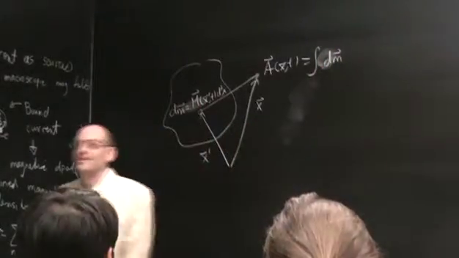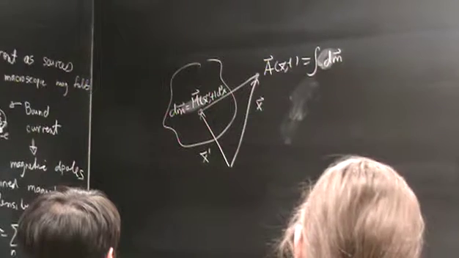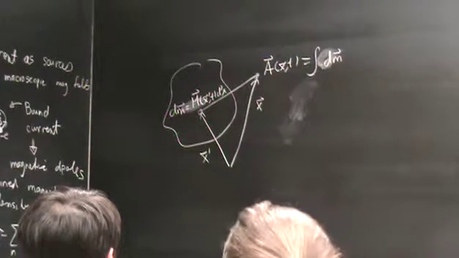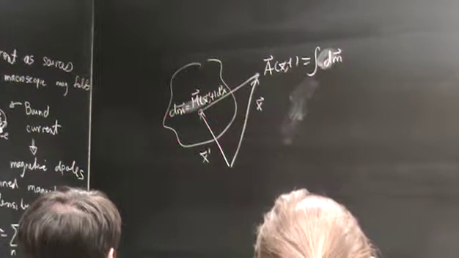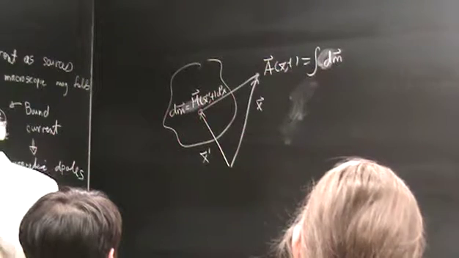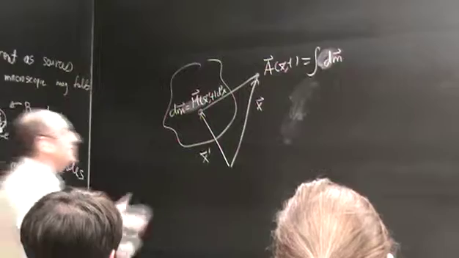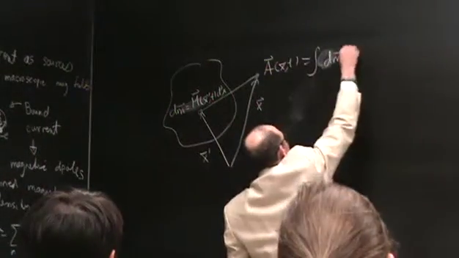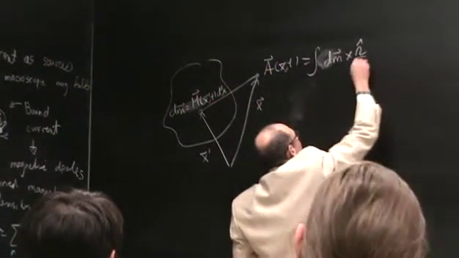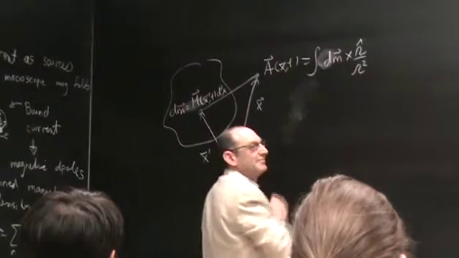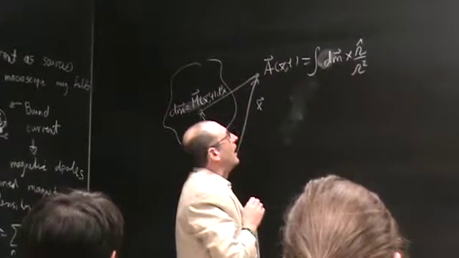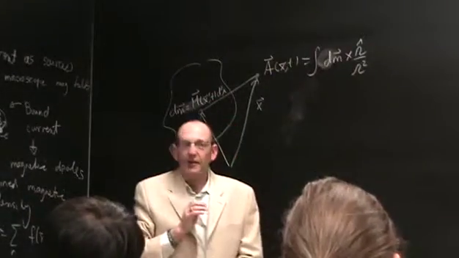And what's the vector potential of a magnetic dipole? Well, your first guess is it looks just like the electric, because the electric and magnetic look kind of the same, but where there was a dot product, there's a cross product. It would be right. Okay? Everything's got the same units, so that's good.